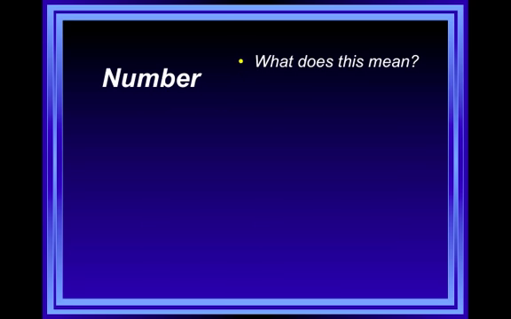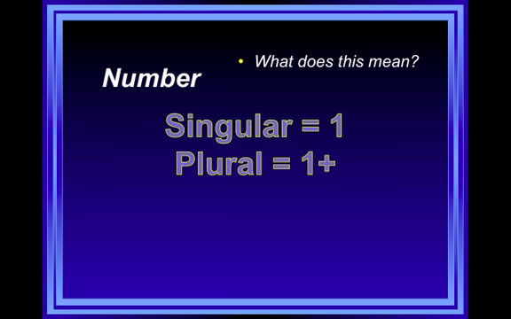The other important thing to remember when putting articles with nouns is number, and it basically means whether a noun is singular or plural. We know that singular means one and plural means more than one, and we'll see how that works. In English, we have the car. The is an article, and car is the noun.